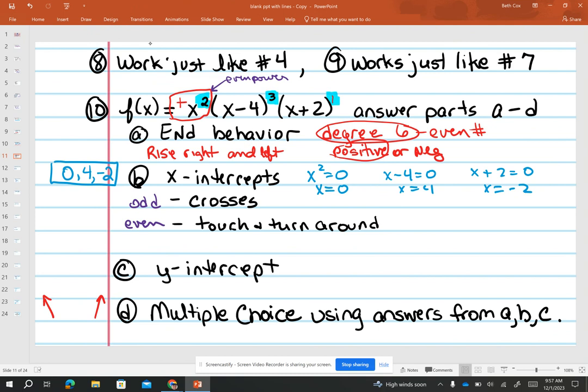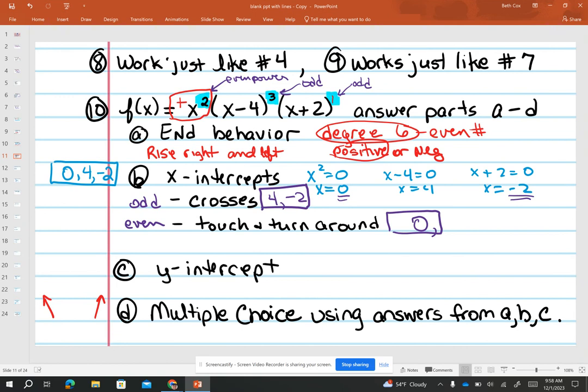So this one touches and turns around at 0. The power is even, so it touches and turns around. The next one has an odd power, and so it's going to cross. The next one is negative 2, and it has an odd power, so it is going to cross. So it crosses at 4 and negative 2, and touches and turns around at 0.